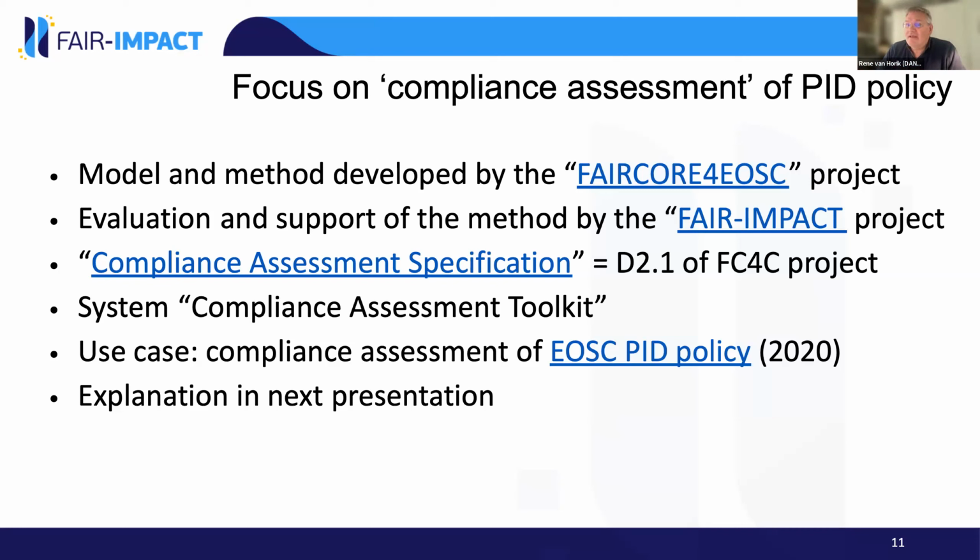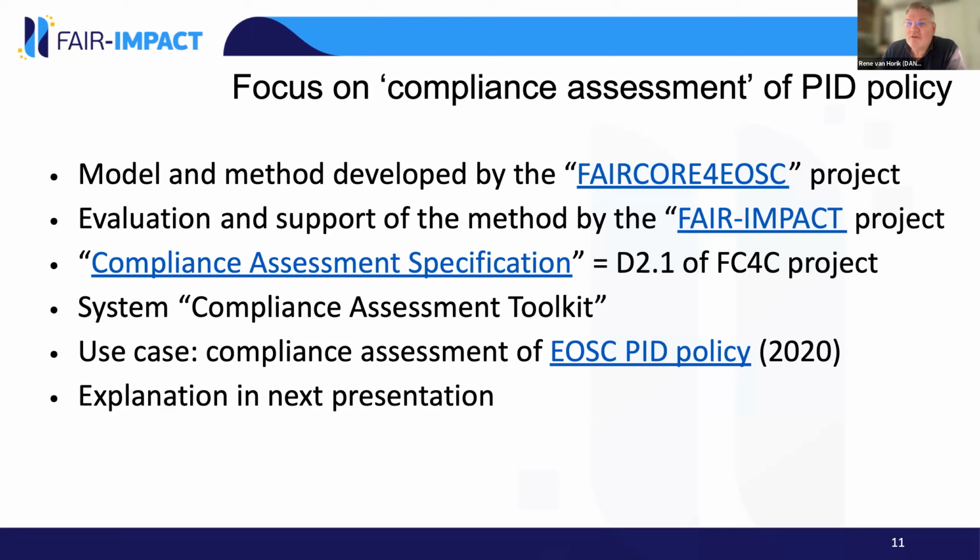And everything starts, of course, with the specification, and that is a quite extensive document. It's deliverable 2.1 of the Vercor for EOSC project. It is published in Zenodo, and what I did here is put a link behind it, a hyperlink.